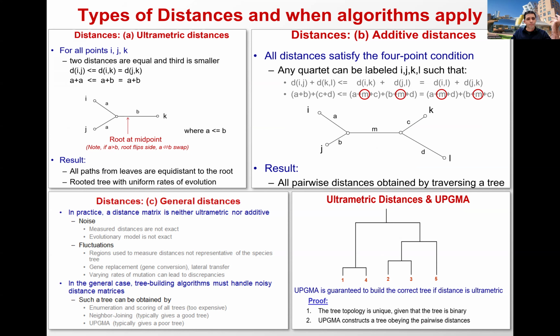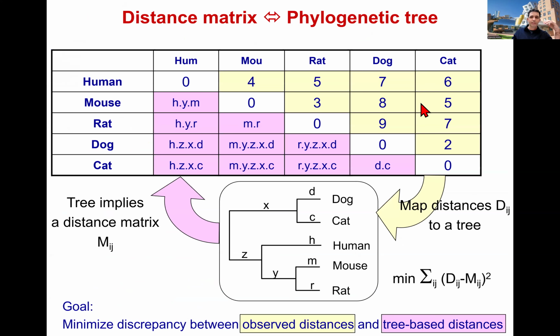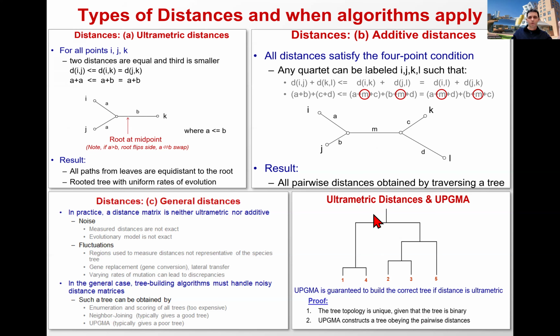Okay? So if I have an ultrametric tree, in other words, if the distances were indeed generated by a clock model, where every single one of these species diverged at a specific time from the common ancestor and from today, then I can basically use UPGMA, which is unweighted pairs grouping with arithmetic mean.